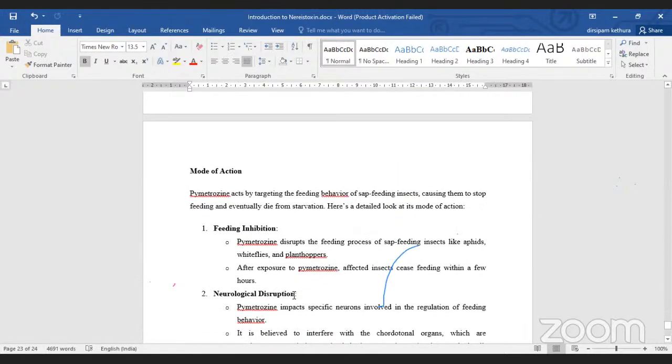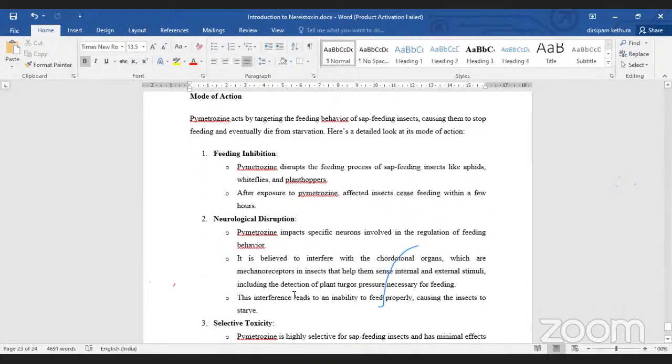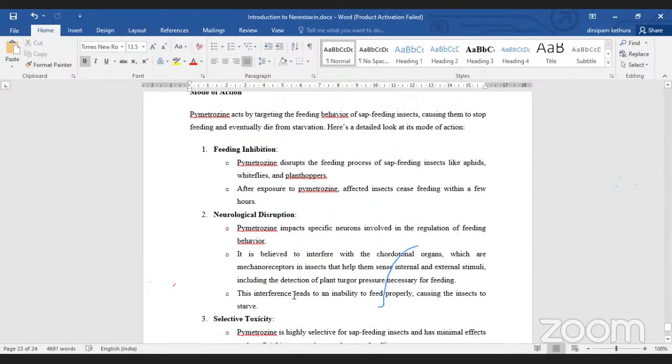Coming to the mode of action, this pymetrozine has a unique mode of action which is not fully understood, but according to the available literature, we have gathered some of the information about the mode of action. It acts by targeting the feeding behavior of sap feeding insects, causing them to stop feeding and eventually die from starvation. Here, the first one is feeding inhibition.